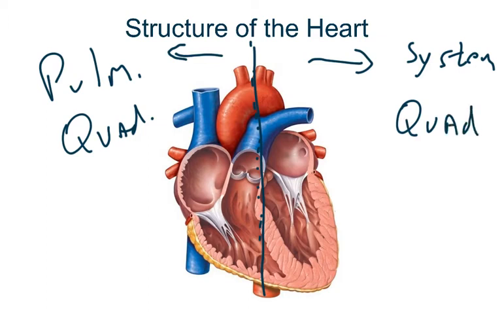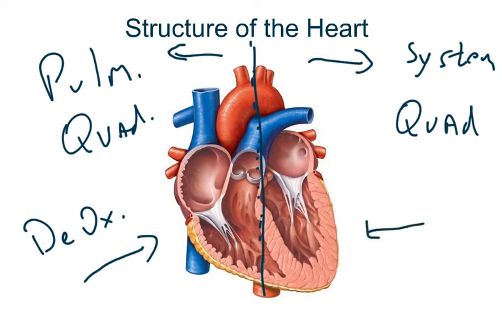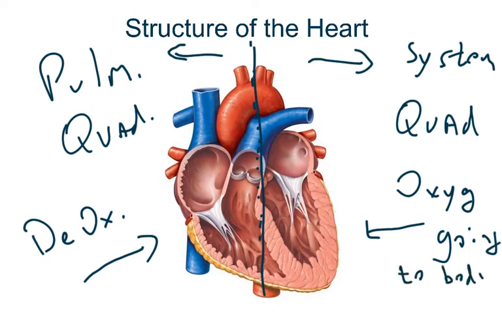And why is that? Because here on the left side, we have deoxygenated blood, and it's heading into the lungs for oxygenation. And here on the right side, we have the oxygenated blood that is going to the body for use. That's why we have these two terms for the quadrants. You don't see it too often, but it's mentioned in the book, and I just wanted to clarify that particular point.